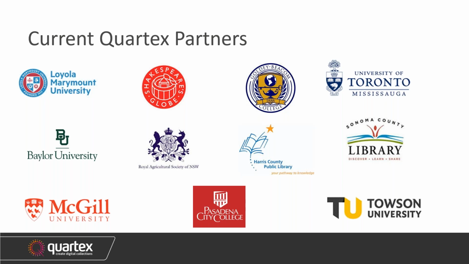We look forward to working with each of these repositories over the next several months as they begin the migration process. Several of our clients you see listed here have publicly available Cortex sites, and we would encourage you to visit their platforms and explore. You can find links to their sites from our Cortex corporate site, which is cortexcollections.com.